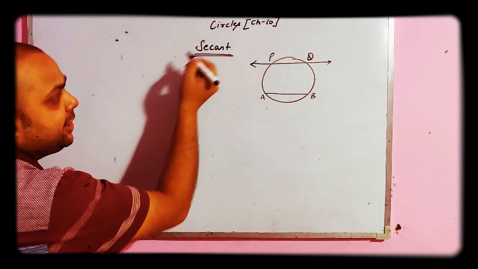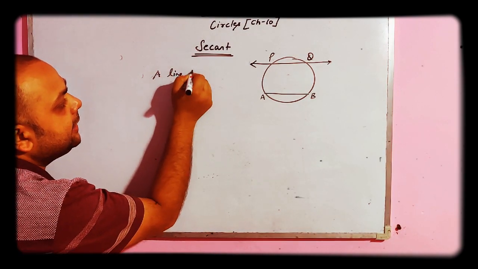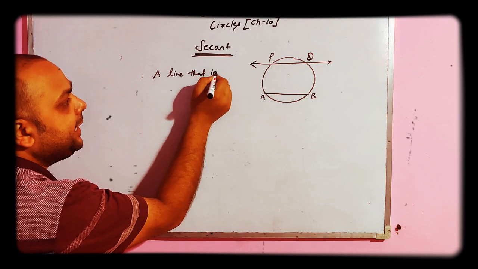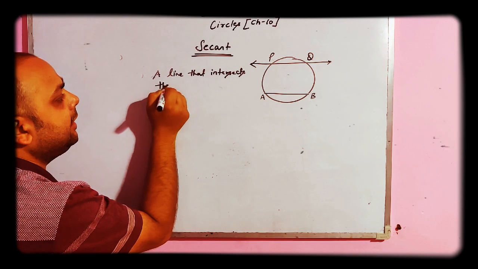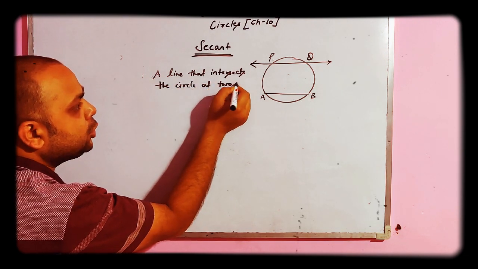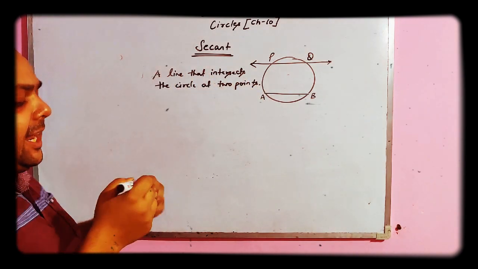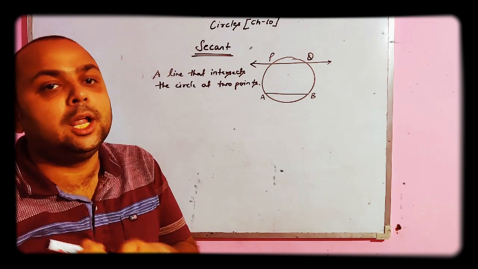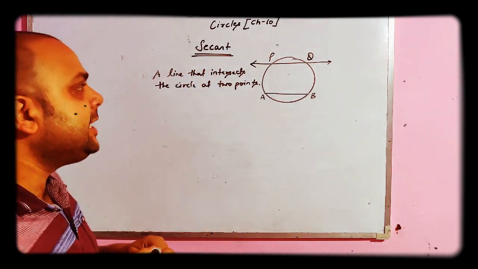So the most important difference between secant and chord is that a secant is a line and a chord is a line segment. So for the definition of secant we will write: a line that intersects the circle at 2 points, or we can say that a line passing through the circle and intersecting it at 2 particular points is called a secant.